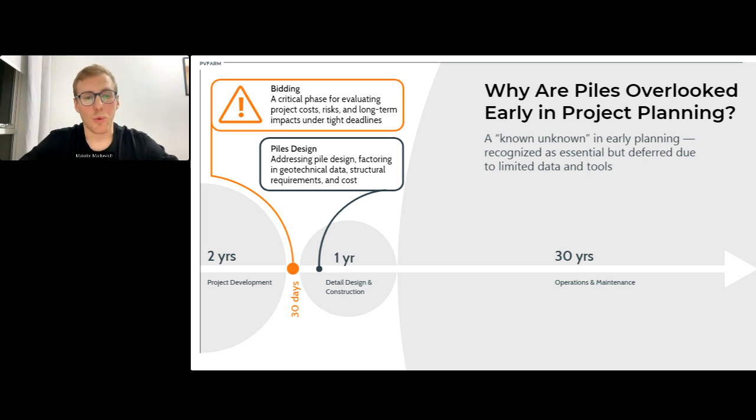So why are the piles being overlooked early in the project planning, and then people start working on them later, right? This issue often comes down to a lack of time. So it's not a huge window where you can actually do a proper analysis of the piles. And lack of time, at the end of the day, leads to a lack of data and a lack of tools, right?